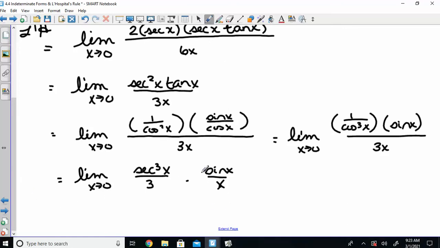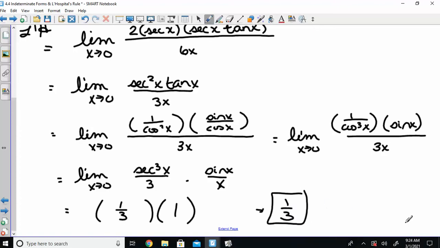The limit as x approaches 0 of sine x over x. That one was just one of those theorems that we just knew what that turned into. Do you guys remember what that was? That's a 1. So, this sine x over x would turn into 1. If I put my 0 in here, secant of 0 is 1. 1 over 3.